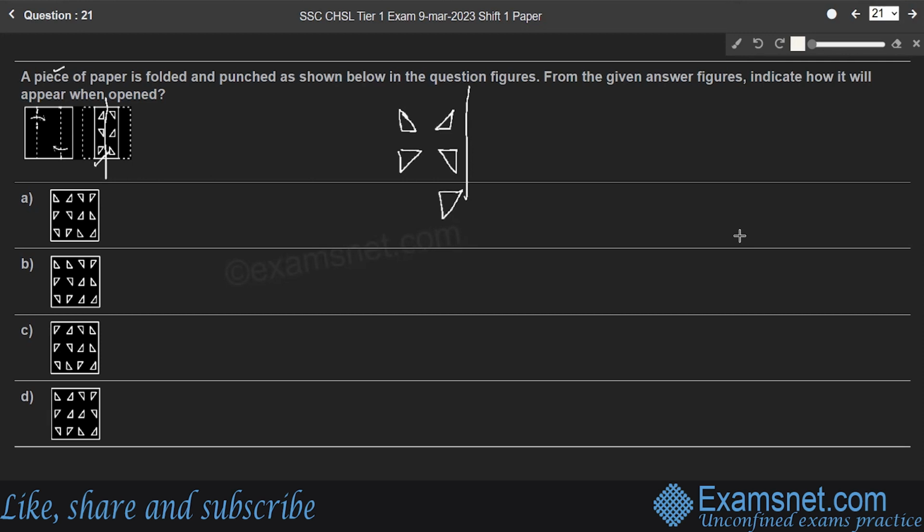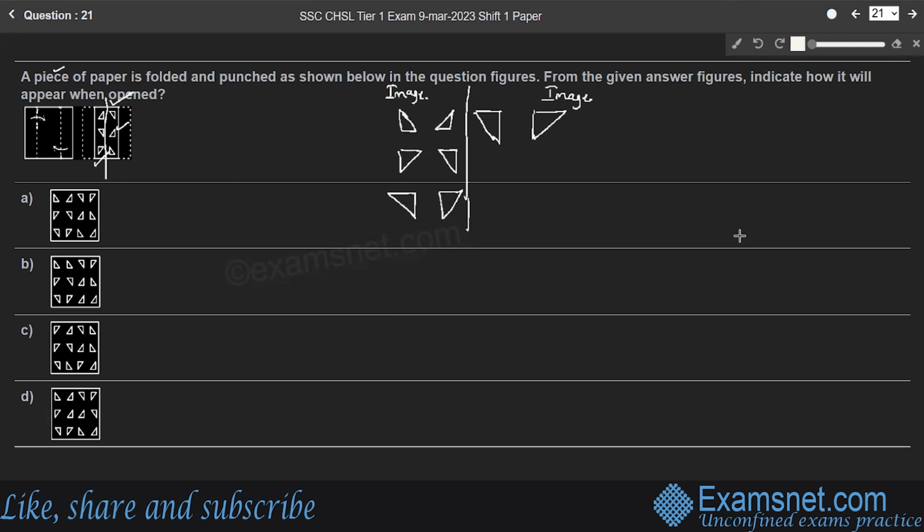So when the paper is unfolded, it looks like this. So we'll consider the right side of the cut portion. So the cut portion is like this. When the paper is unfolded, it looks like this. Exactly the mirror image of the punched portion. These two are mirror images.